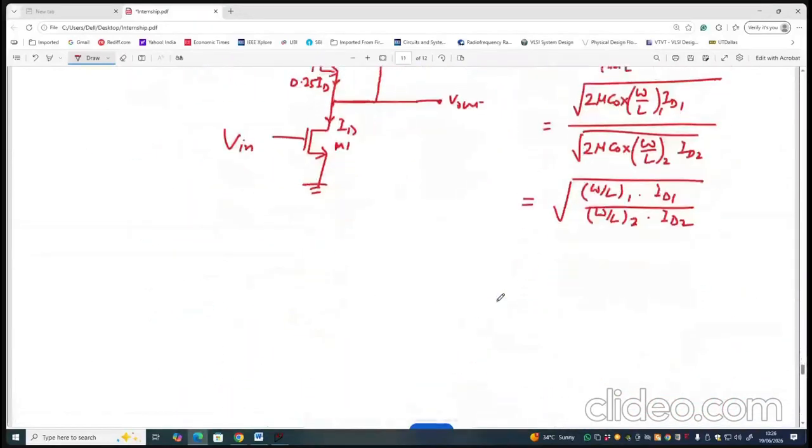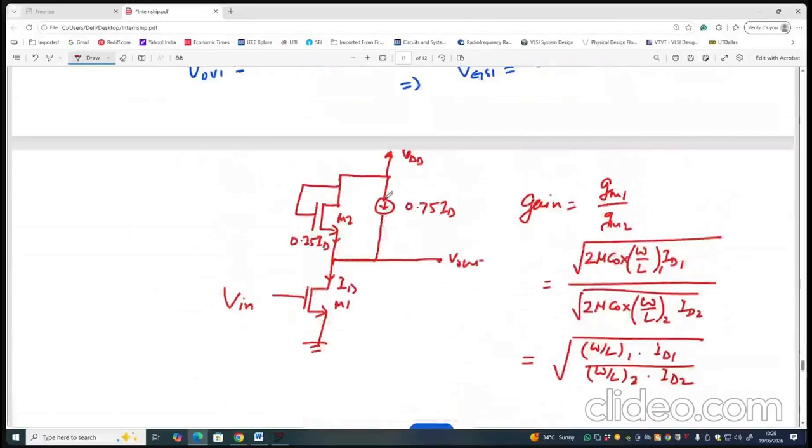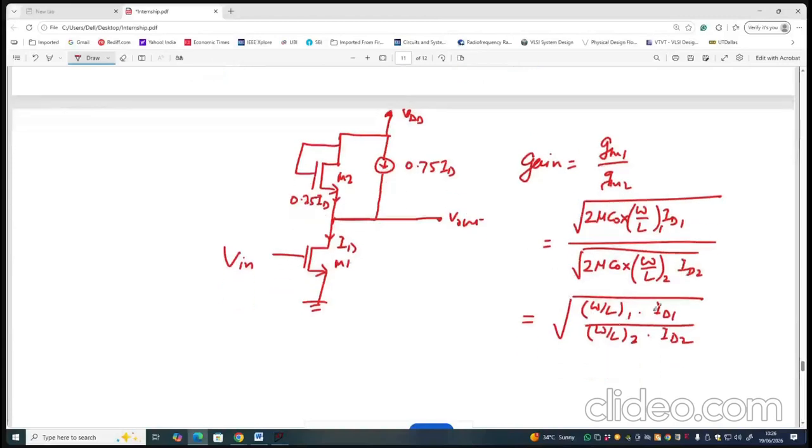use this technique, another branch to share the total current. So this ratio you can adjust, 75% and 25% of ID or whatever. But now you can see that in the gain expression, 25%, right?